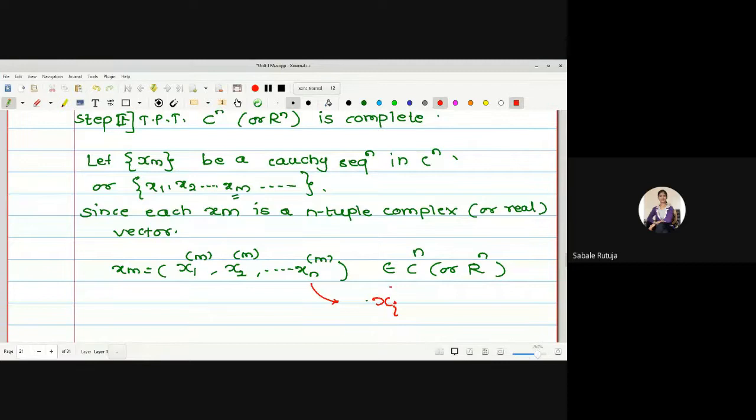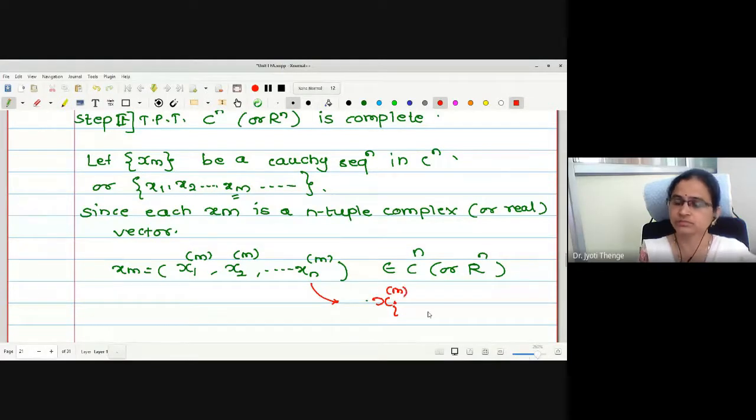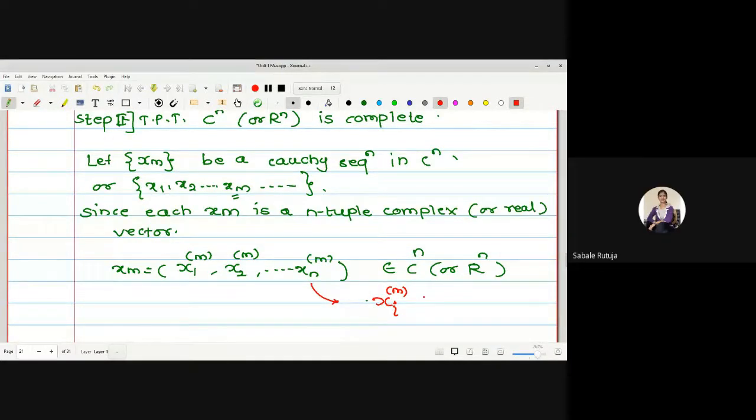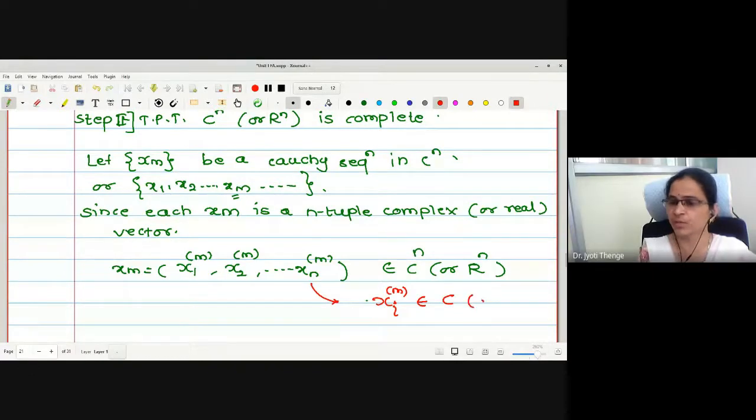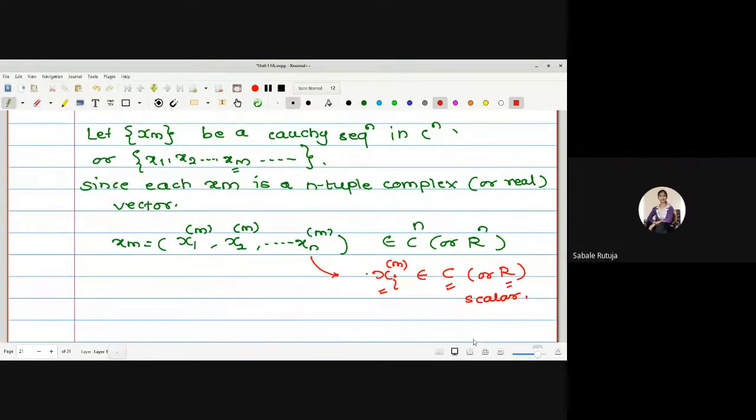It is simply a complex number or a real number, whatever is considered. So whatever ith coordinate I consider of this vector, it is a scalar. That one has to understand.